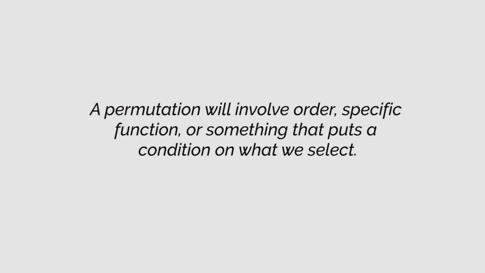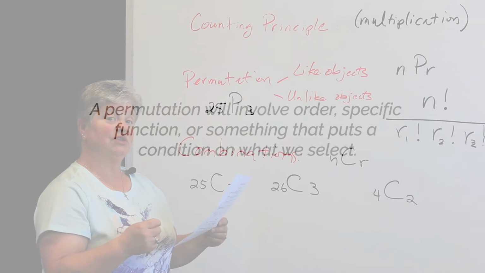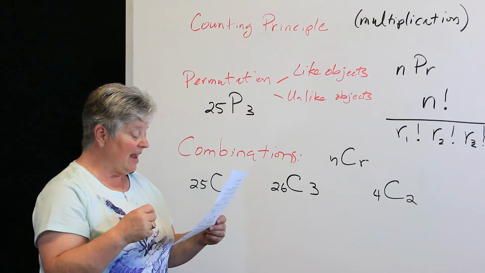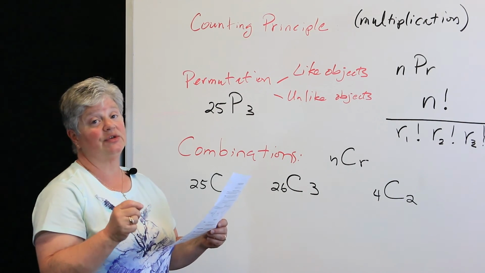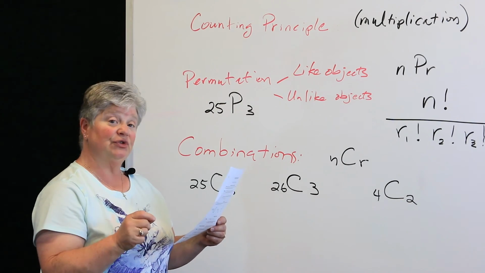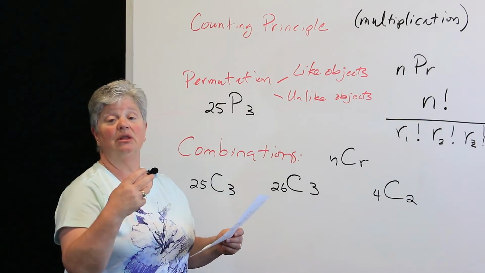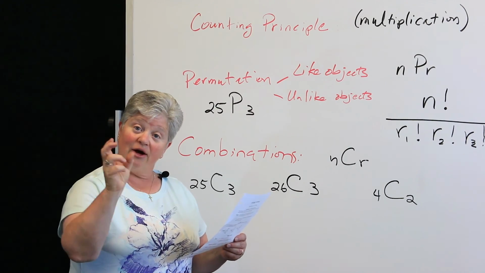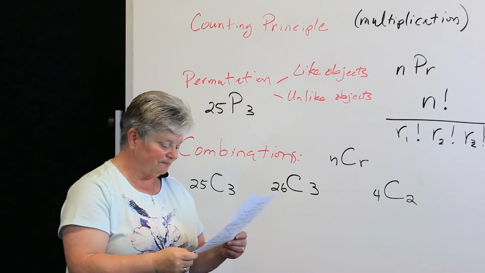A permutation will involve order, specific function, or something that puts a condition on what we are selecting. So examples are competitions where order is important, selections such as choosing officers of an organization, arranging letters in a word. Those all require us to have some sort of order.